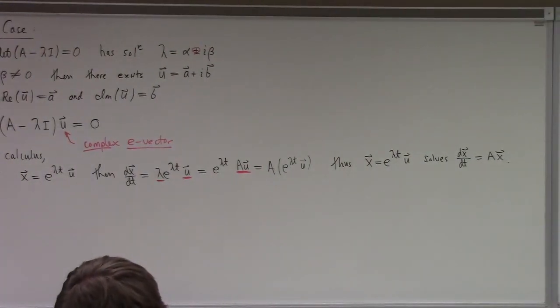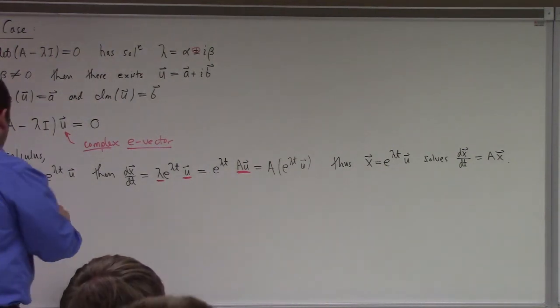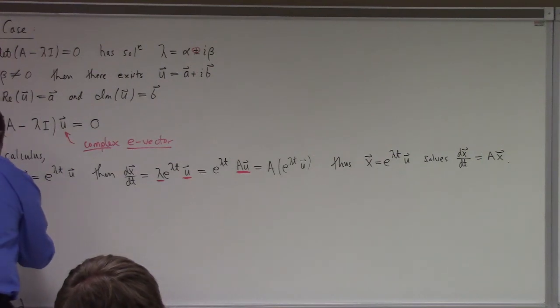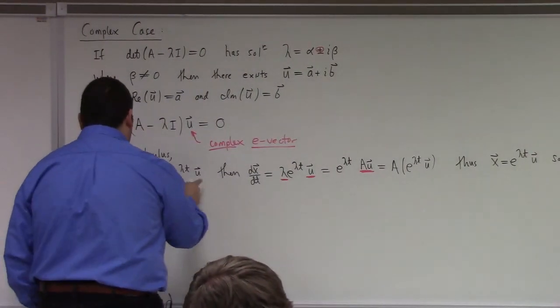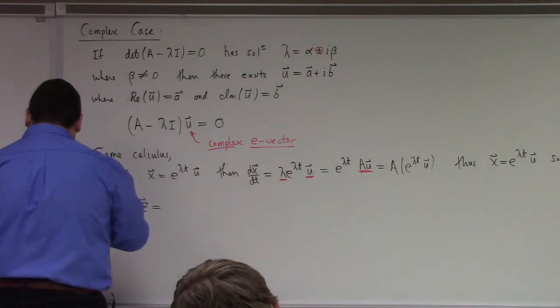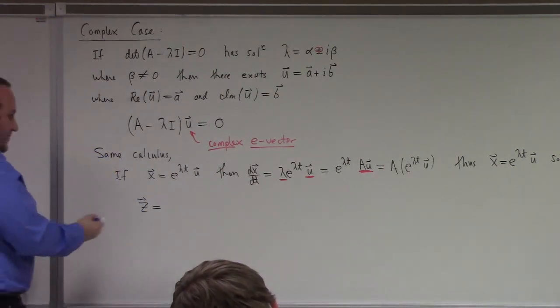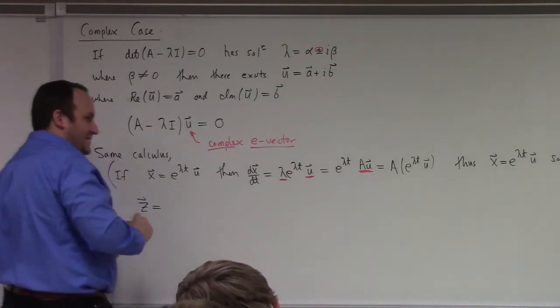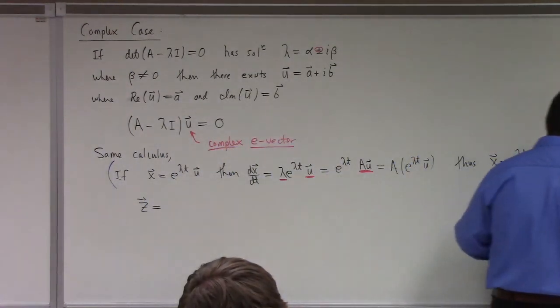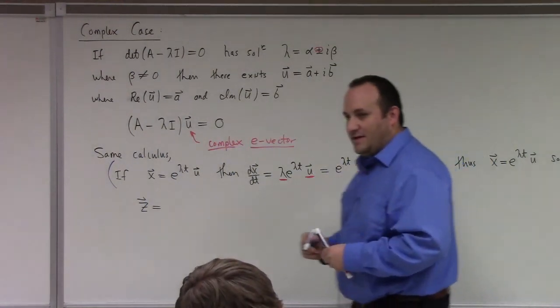But this calculus could just as well be thought of in terms of complex calculus. Lambda could be complex. u could be complex. This calculation still goes through just the same. This is a parenthetical remark, a reminder. Now let me return to my complex story.